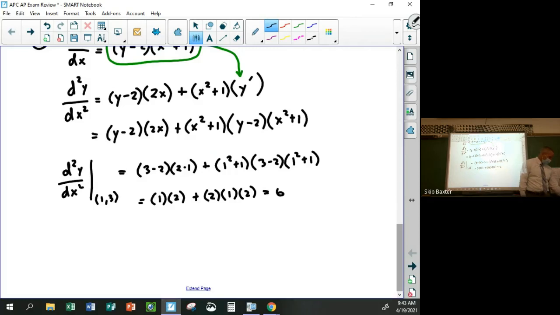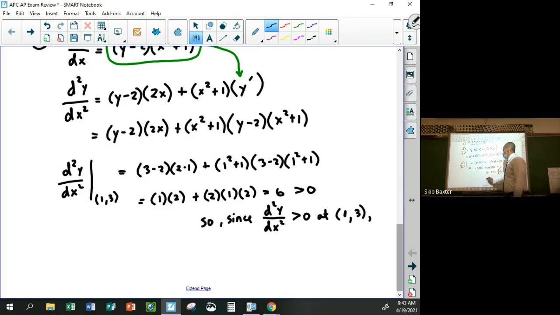And the question is, is the graph concave up or concave down at that point? This is greater than 0. So since d squared y over dx squared is greater than 0 at 1, 3, f of x is concave up at 1, 3.